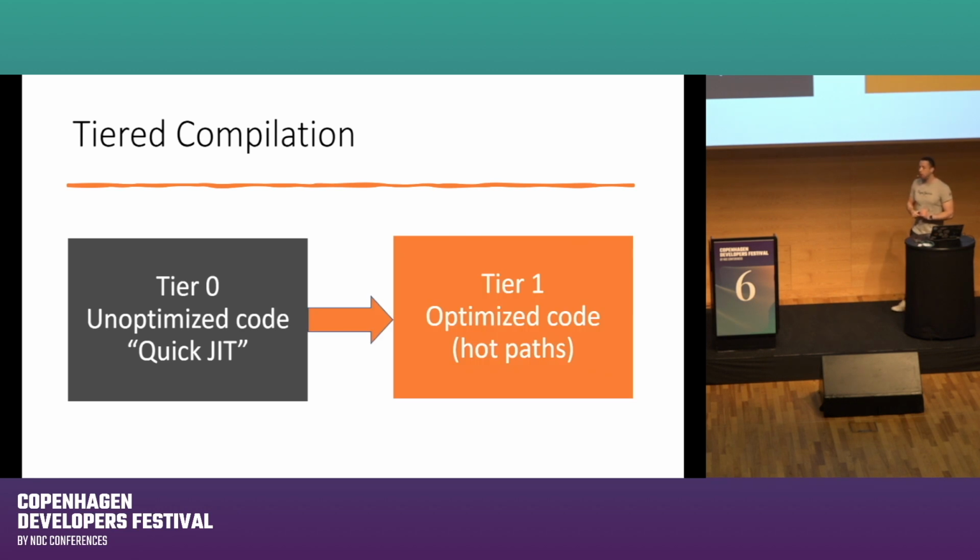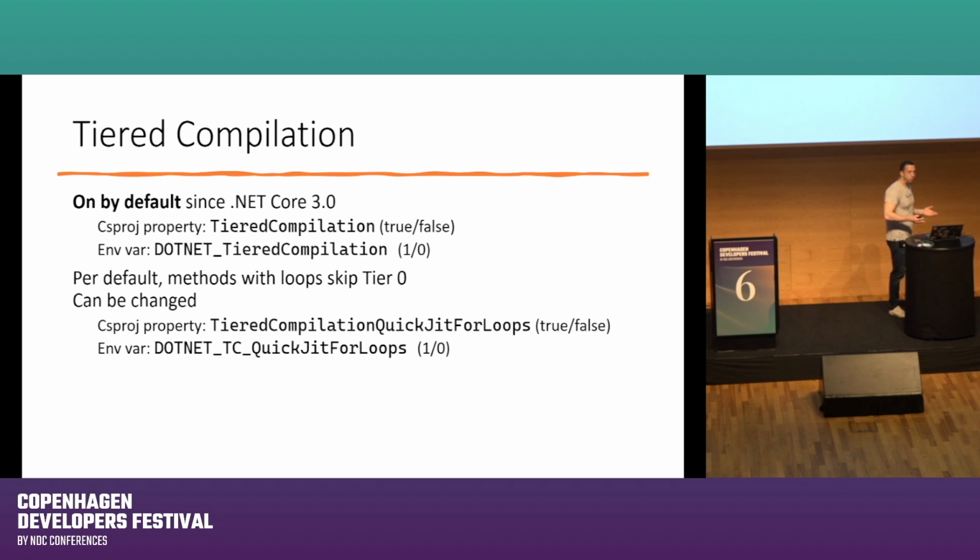And then it generates tier 1 code for these code paths and does more optimization. So it spends more CPU to optimize the code that you actually run, and maybe not the wiring up and startup code that maybe just runs once during application startup. And that's on by default since .NET 3. You can still tweak it a bit, you can enable or disable it.